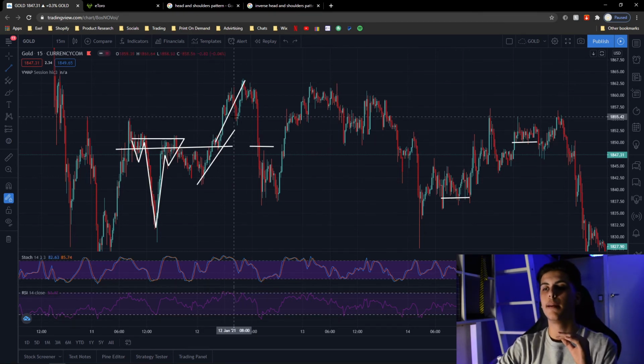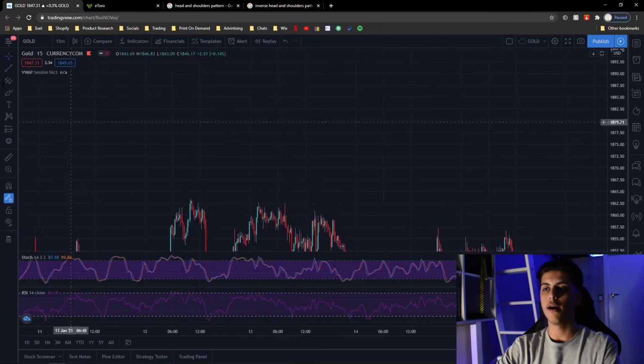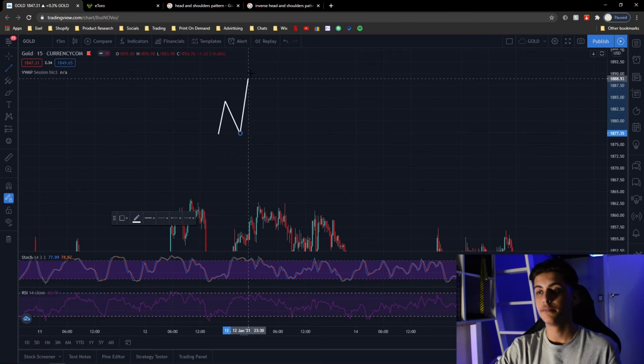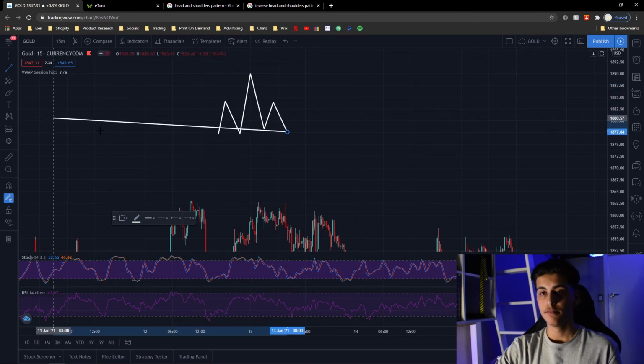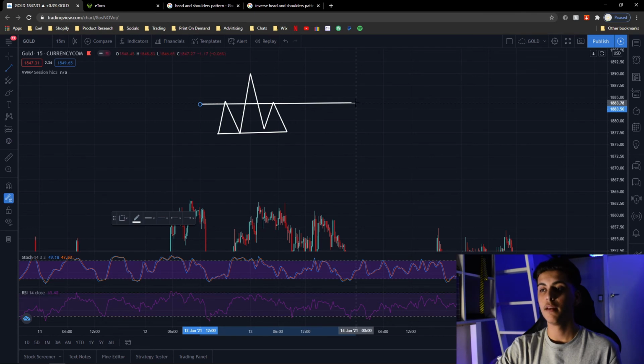So for example, to make this a bit easier for you guys, because I know how hard it is, especially if you're just starting out, let's say this is the Head and Shoulders. All right, now this is the neckline right there.